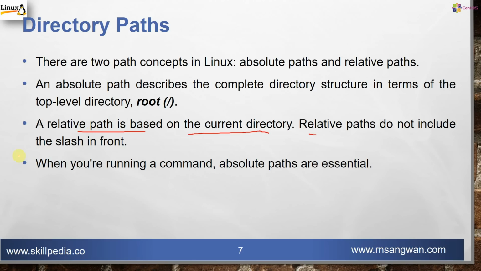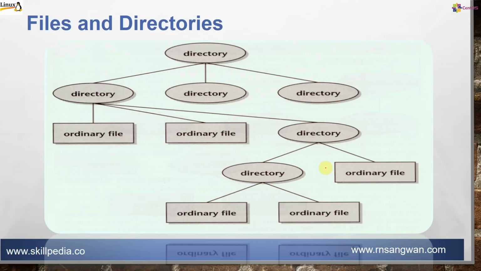Relative paths do not include the slash in front. The slash basically represents the root, so you don't need to specify it. Why? Because you want to switch to a directory relative to the current directory rather than going from the root. When you are running a command, absolute paths are essential.